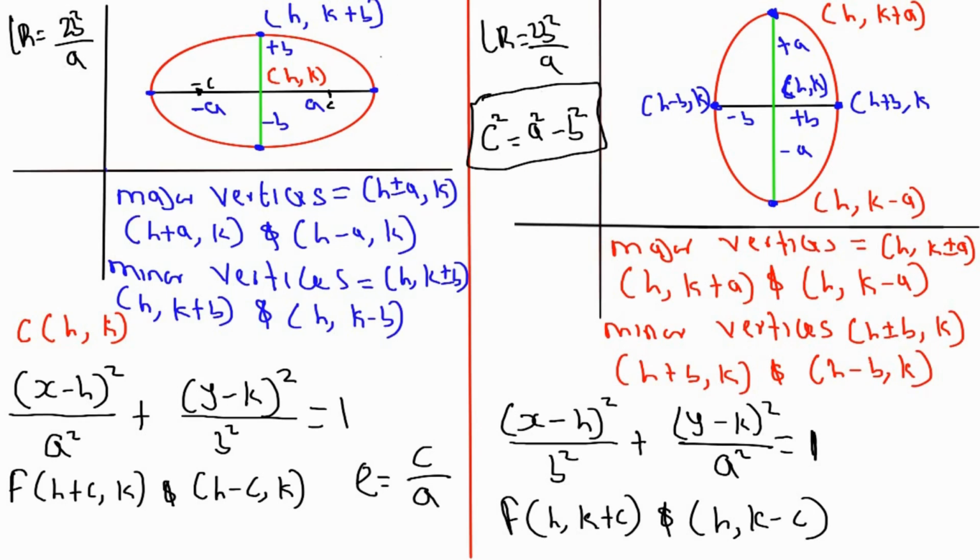Have this copied down as well. That's the relationship between c, a, and b. And I can bet with you, this is what you actually need to be familiar with in order to succeed in solving problems on ellipses. The next thing you need is how to find the equation of tangent and normal line to an ellipse, and that will be another video entirely. But for now, this is enough for you to tackle any problems on ellipse.